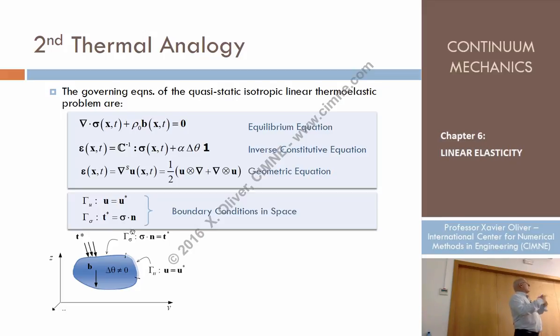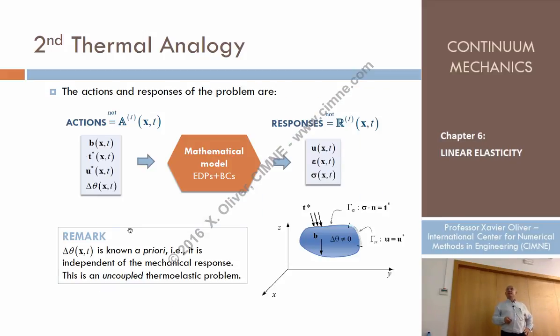And now we are going to do the same procedure, but in a different way. So we are going to rephrase this problem such as to obtain a problem that doesn't involve apparently temperatures. And that's the way we do that. Look, originally we have actions: body forces, tractions, prescribed displacements, and temperatures.